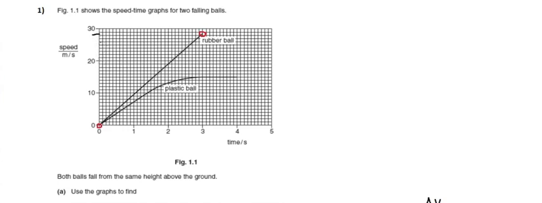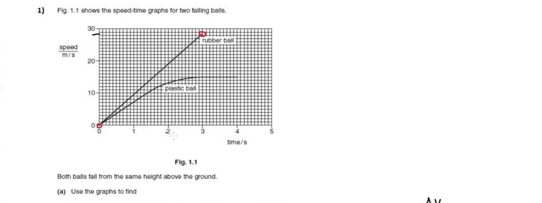You can see there are 10 divisions, and this point is exactly between 8 and 9 divisions. So this final speed is 28.5, because this 8th line is 28, the 9th line is 29, so it is between 28 and 29. So initial is 0 and the final is 28.5.